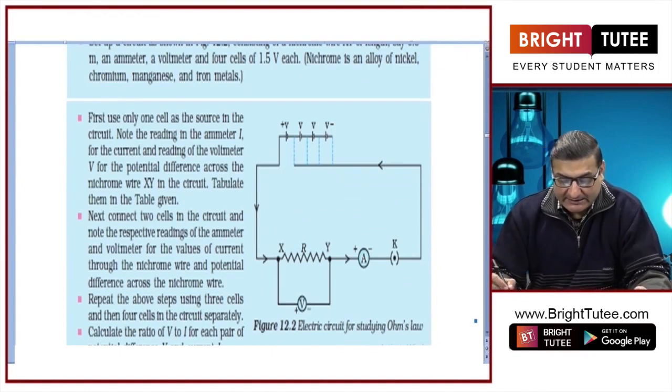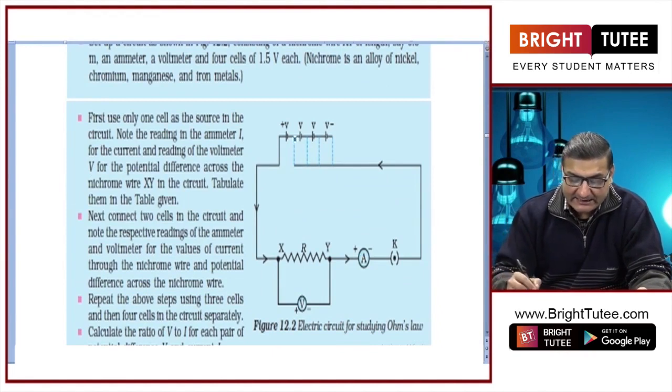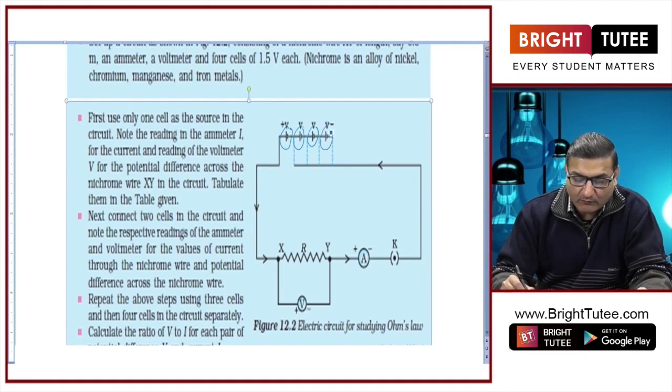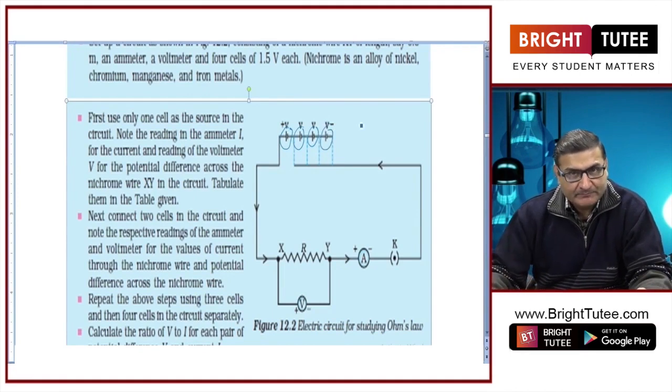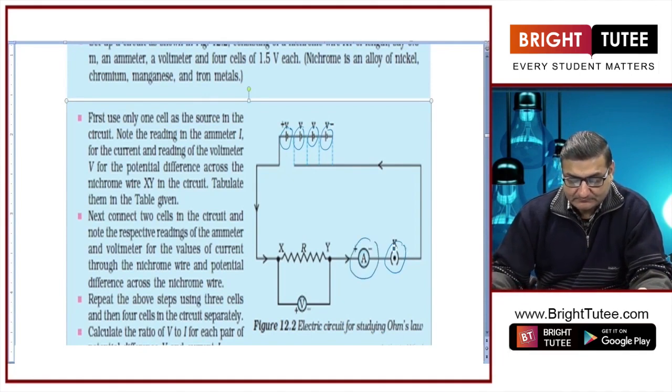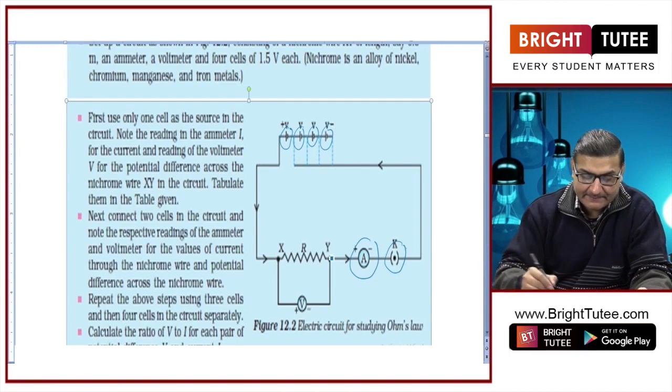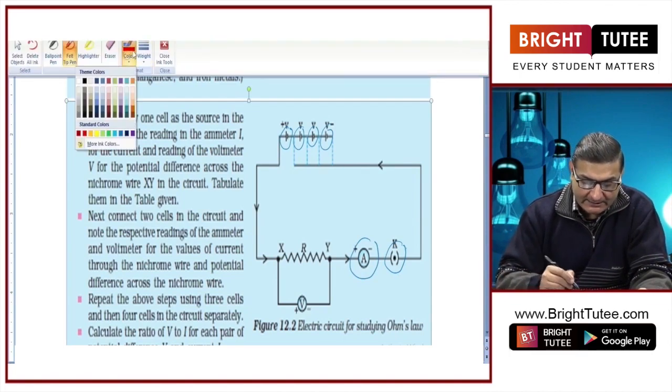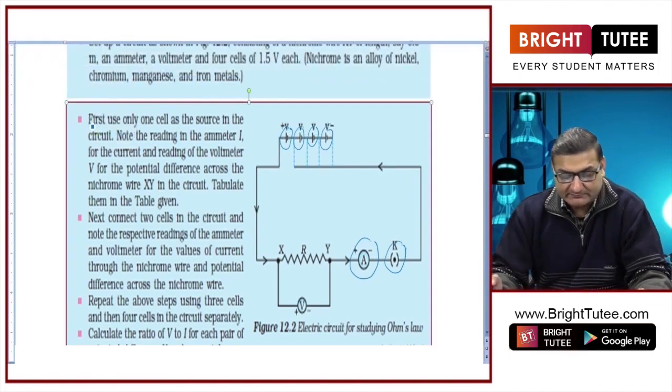What we have done over here is we have taken a circuit. In this, we had basically a battery consisting of these 4 individual cells. Fine. This is a plug key, as we know. This is an ammeter. This is a resistance. Fine. Now let us see what we exactly are trying to achieve.